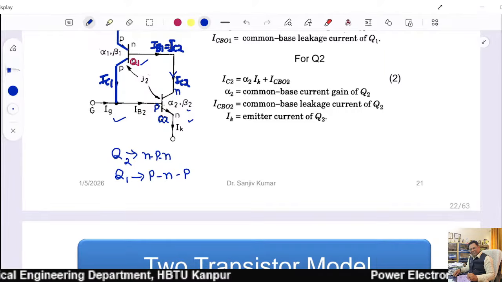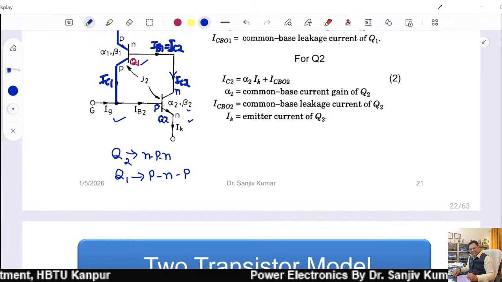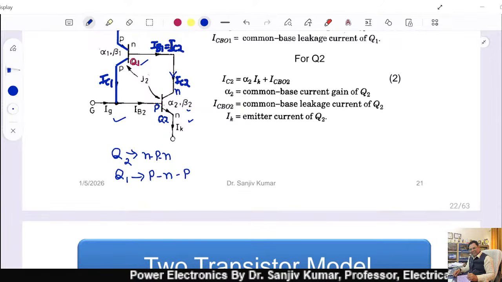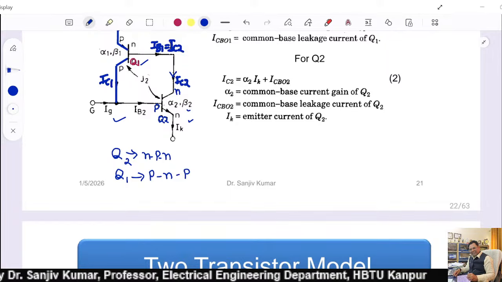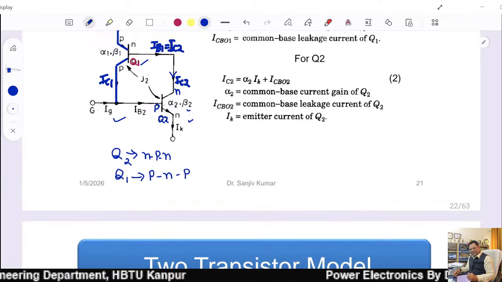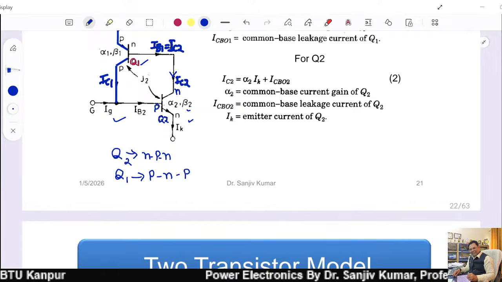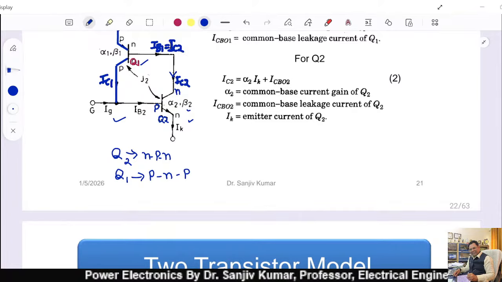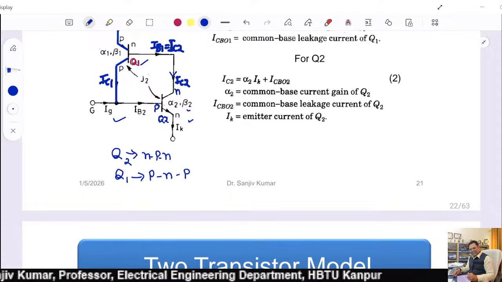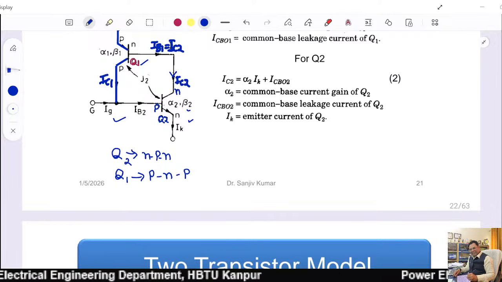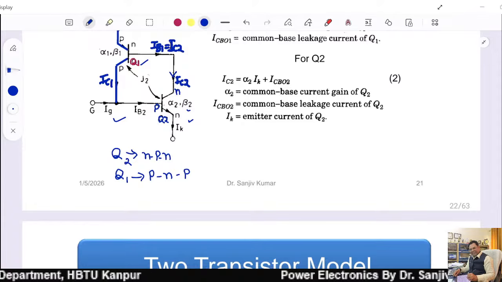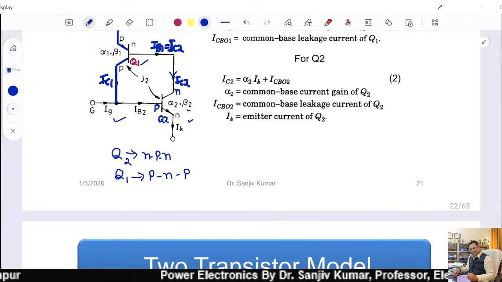An avalanche breakdown occurs. Why is it happening? Because with increase in IB1, IC1 starts flowing. IC1 starts flowing means alpha 1 is increased. Now that current is going to the base current of transistor Q2. So that IC2 gets increased.